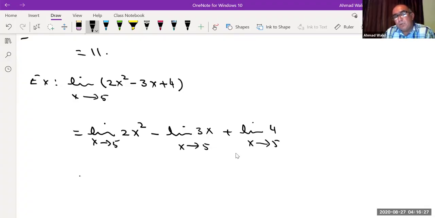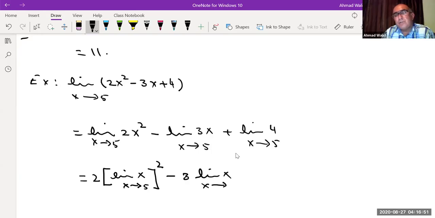Then I will apply both rules, make it easy for me. 2, right? Parentheses or bracket, limit of x as x approaches 5, to the power of what? 2. Minus, again, constant, 3 times the limit of x as x approaches 5. Plus the limit of 4 as x approaches 5.